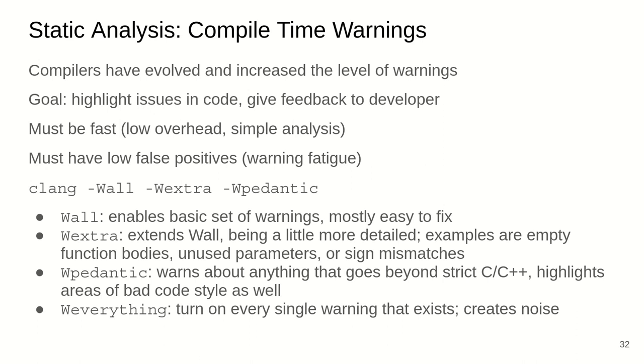So for example, you can run clang with -Wall, -Wextra, -Wpedantic to have a basic set of warnings, extra warnings that are a little more detailed, and pedantic, which warns about anything that goes beyond the strict C and C++ dialect that you're coding for. You could also turn on -Weverything, which just gives you every single warning that exists. But this often creates a lot of noise.